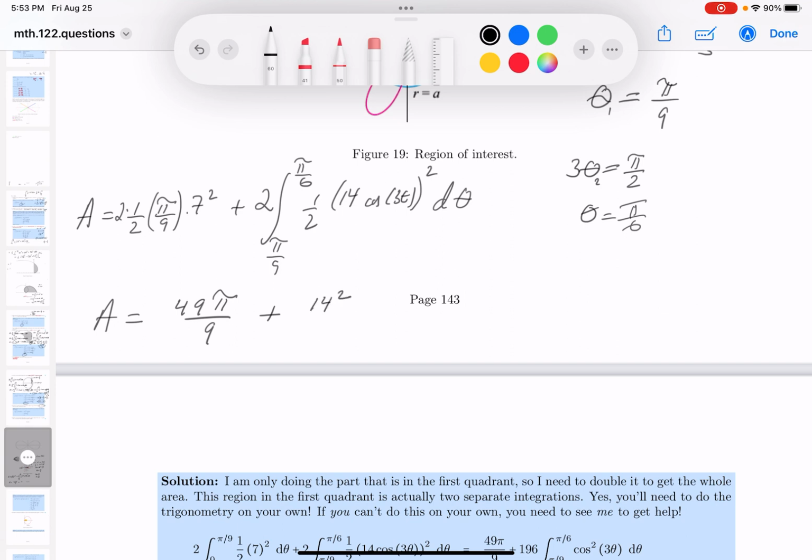Why am I saying that the 2's cancel out? You definitely get 14 squared. What's 14 squared? Let's write this down. 10 times 14 is 140. 4 times 10 is 40. And 4 times 4 is 16. So you get 196. Let me erase that 14 squared and put 196 down.